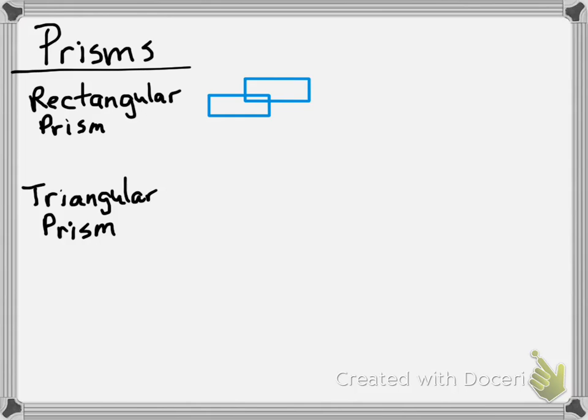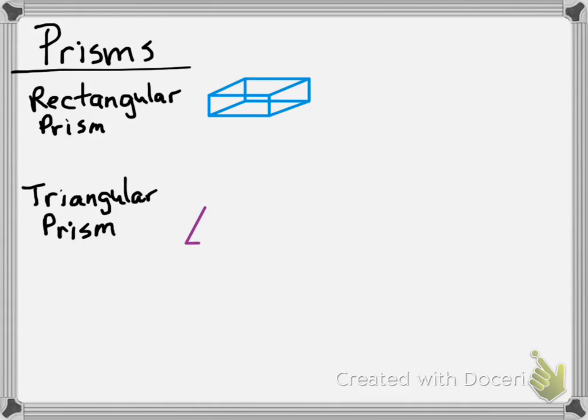Now, a rectangular prism, what that means is that the bases are rectangles. So it's a prism made out of a rectangle. In other words, it's like the pipe again, except the pipe is shaped like a rectangle. So the front is a rectangle and the back is a rectangle.